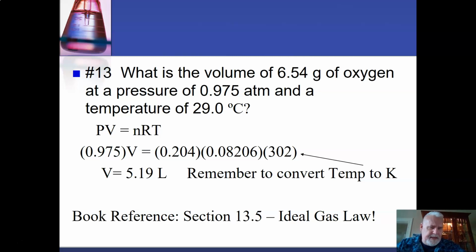You can use that in there, and of course you're converting the temperature into kelvins, and I think your book uses that number as well. That might have been why I changed that. So anyway, you plug that in, and you end up with 5.19 liters.